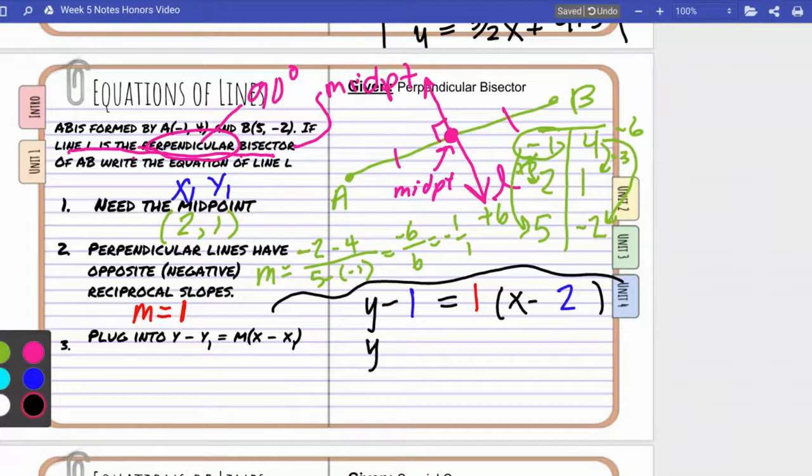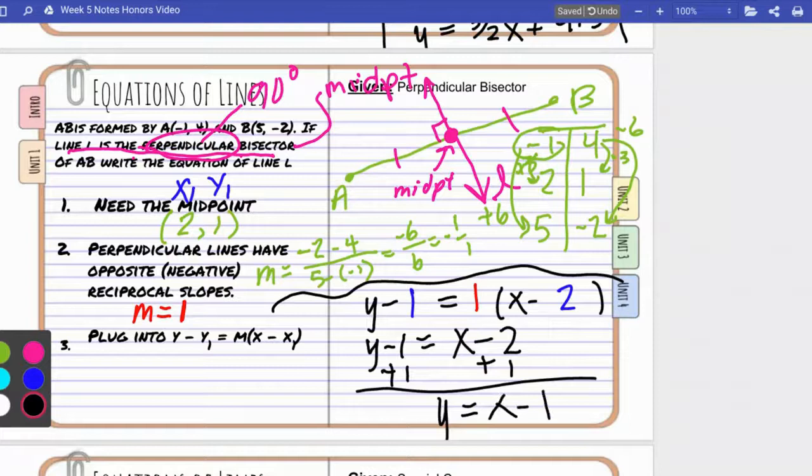And so I got y minus 1 equals 1 times x minus 2. Add 1 to both sides. We get y equals x minus 1. This is the equation of a line in slope-intercept form that's perpendicular to and also bisects line AB.